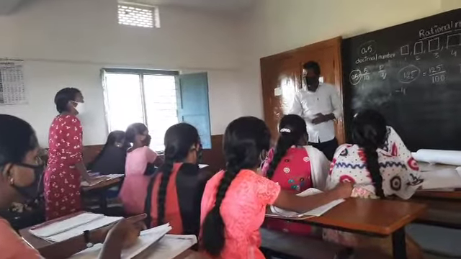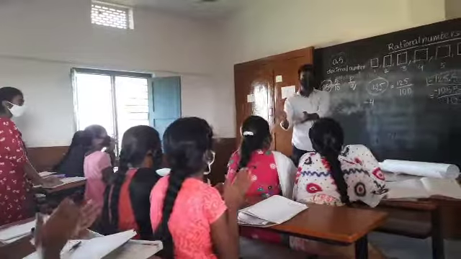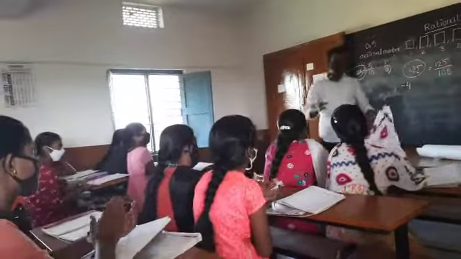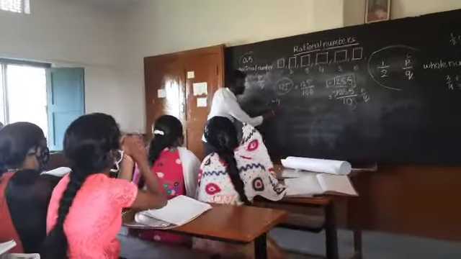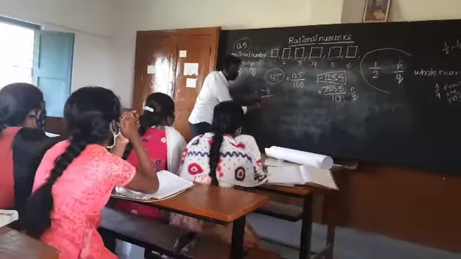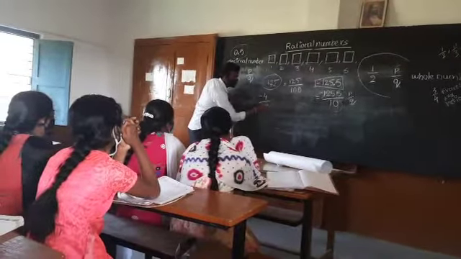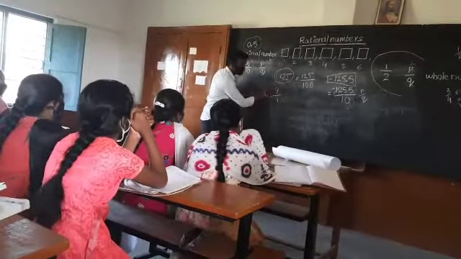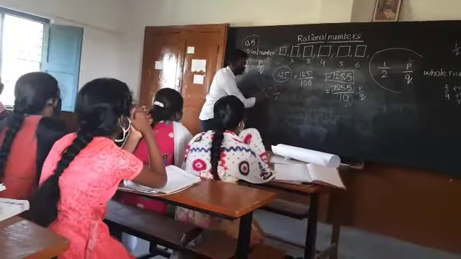If there is no denominator, we can keep 1 as the denominator. Clap for her. Absolutely correct. Exactly. So if there is no denominator, we can add 1 as a denominator. We can express this as a rational number.